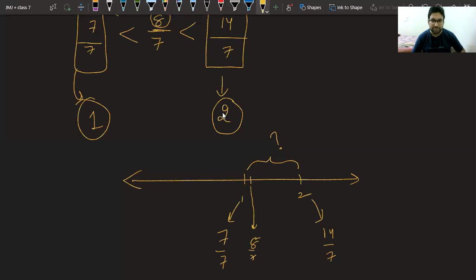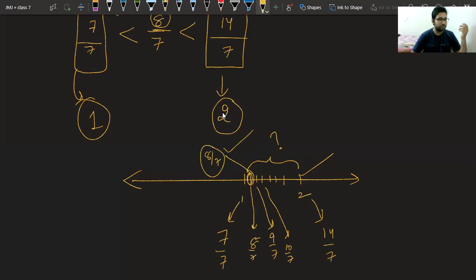The next number is 9 by 7, the next number is 10 by 7, then 11 by 7, 12 by 7, 13 by 7, and we have 14 by 7 as it is. Now the answer is this value. I will circle it and say this is the 8 by 7 answer. Easily you can do any question by this method.